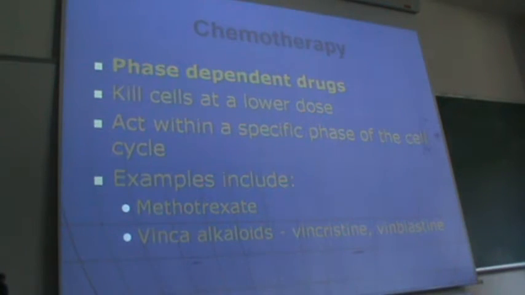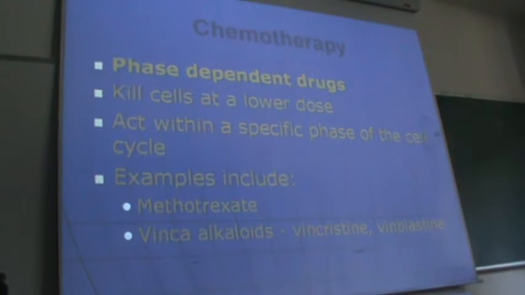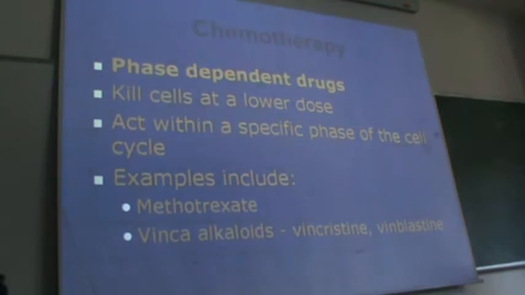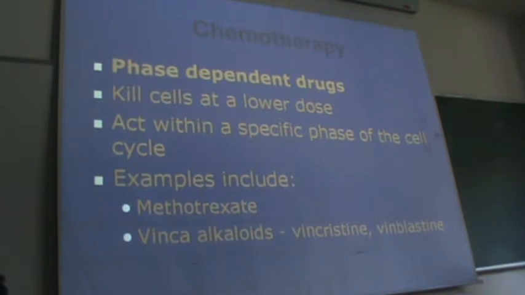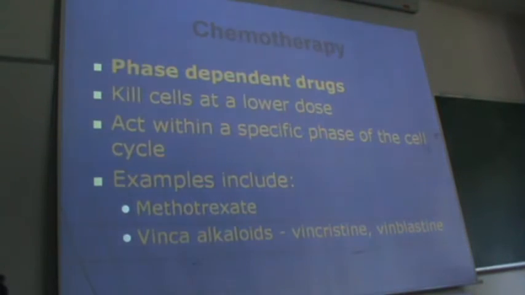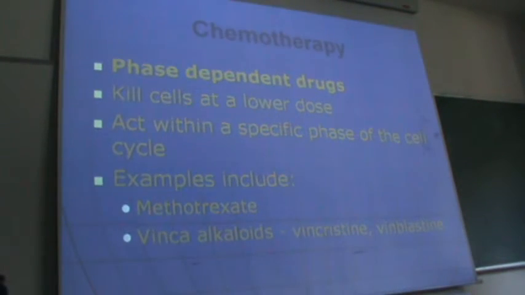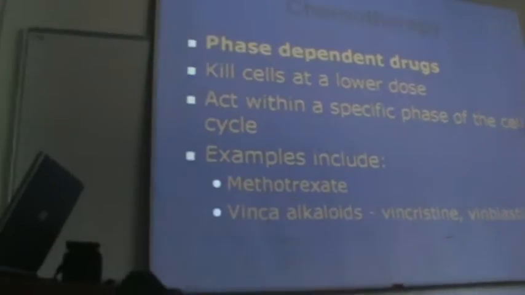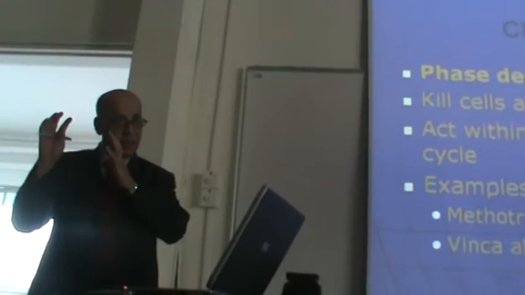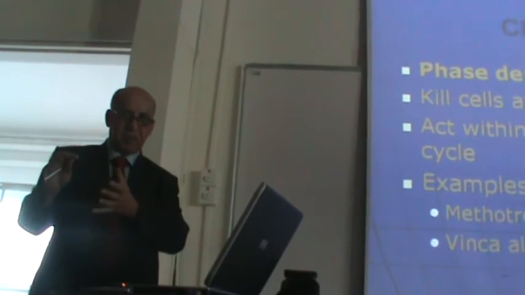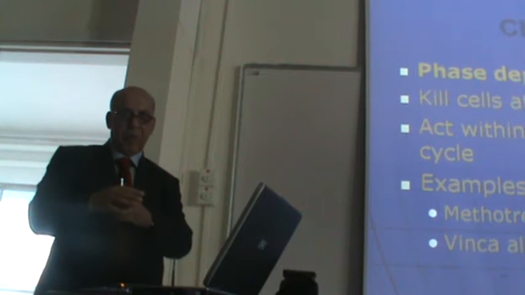Now, why do we try to know whether they are phase specific or non-phase specific? Because when we use chemotherapy, we try to use a drug which works in any situation in the cell, whether in G0 or in any phase, and we try to use another drug which is phase specific. That is the secret of combination.